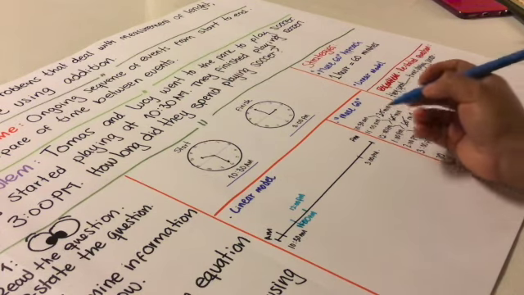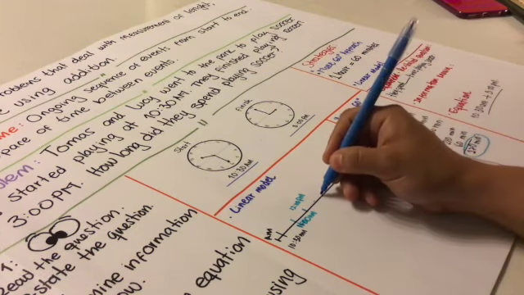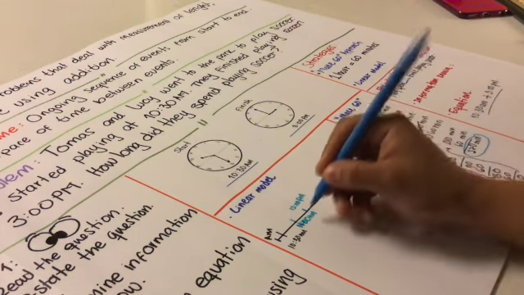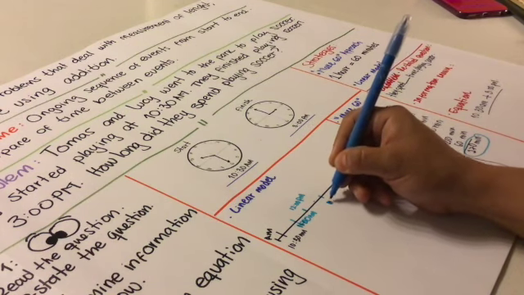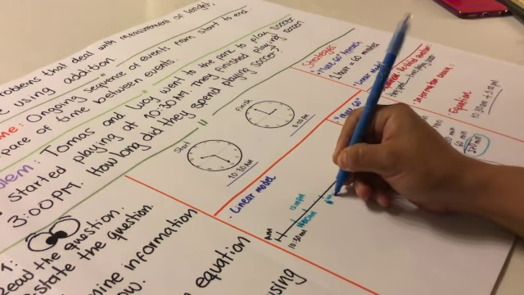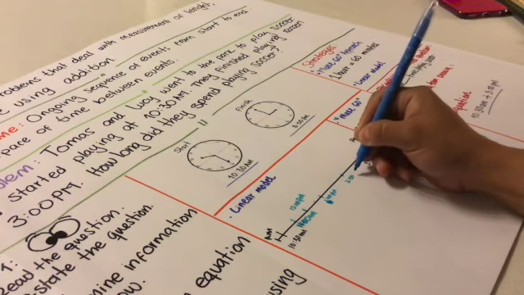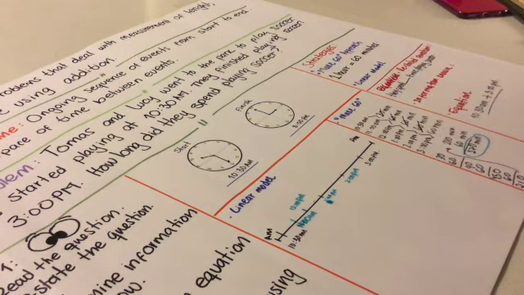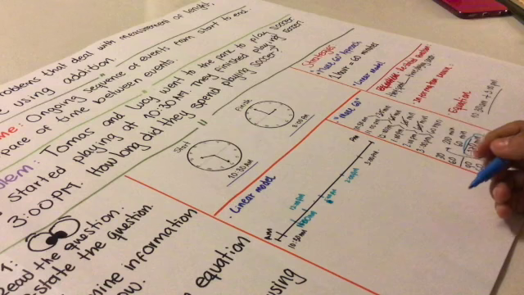You can either go by hours, so you can do 1 p.m., 2 p.m., or you can just give a big jump until you get to 3 p.m. So let's do it together.